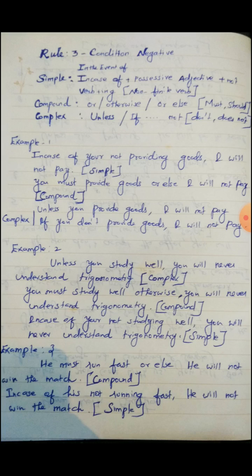In case of you are not studying well, you will never understand trigonometry. That is a simple sentence: in case of, possessive adjective, not, and verb plus ing. Verb plus ing means non-finite verb. Simple sentence.